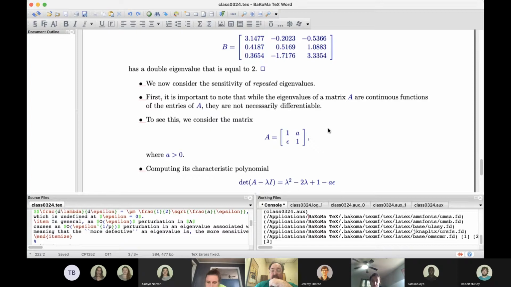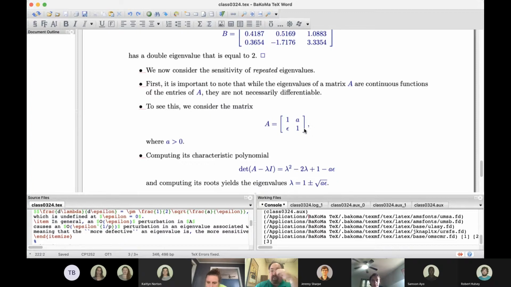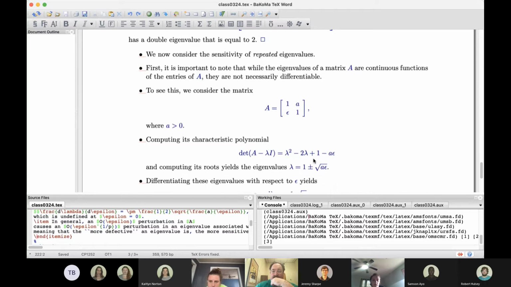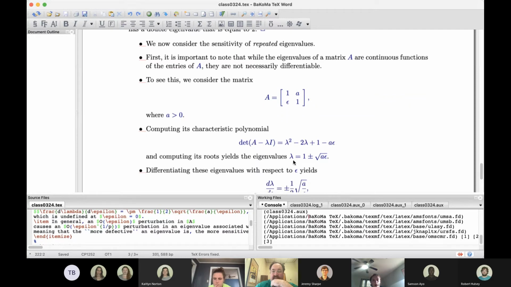So as an example, if we have this matrix here, and we assume that A is positive, if epsilon is 0, this is actually a matrix that has a repeated eigenvalue. So if I take the characteristic polynomial and I get this, then I go ahead and take the roots by quadratic formula, and I get the eigenvalues that are perturbations of 1.